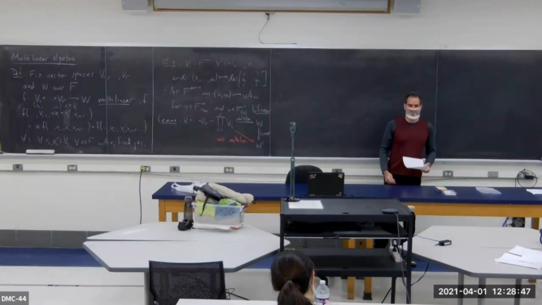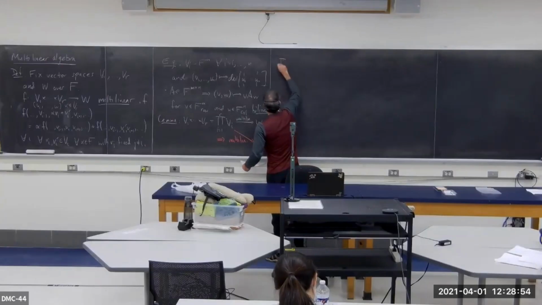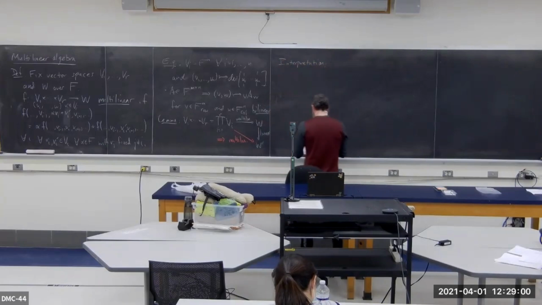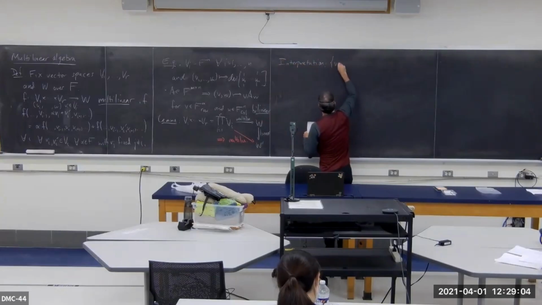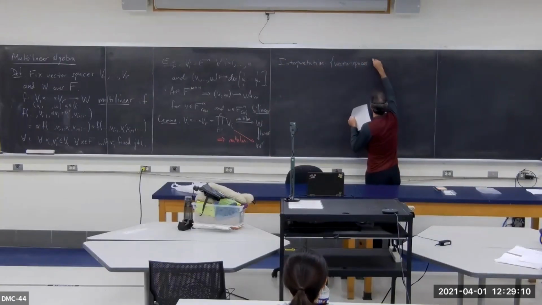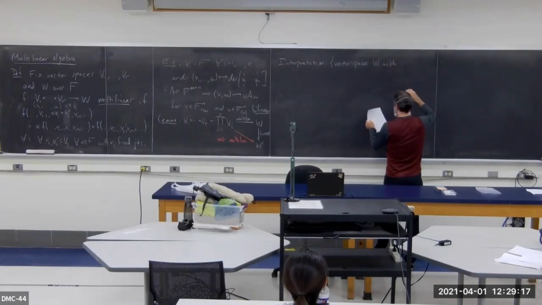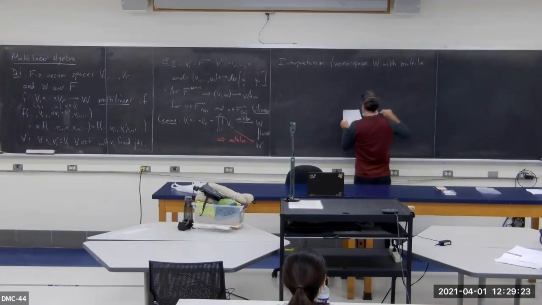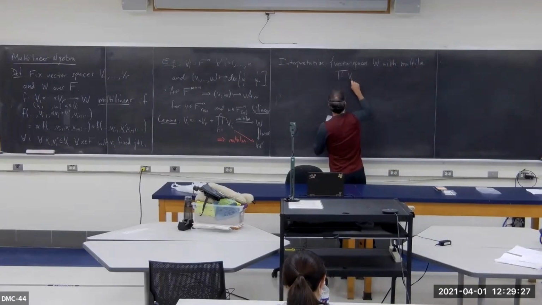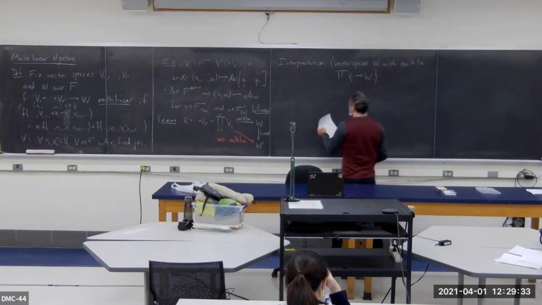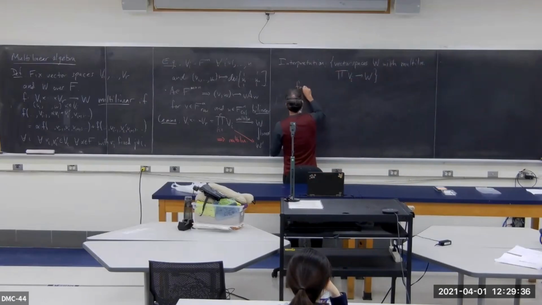So the interpretation is that if you look at vector spaces W with a multilinear map from the product of the V's to W, then this collection of objects just forms a category.